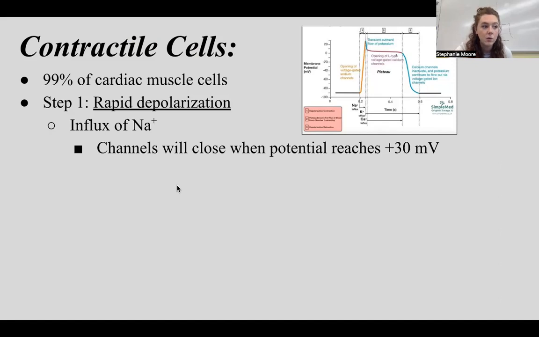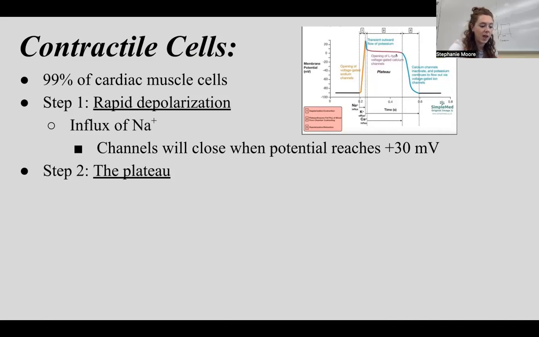Then those channels close whenever the cell reaches a membrane potential, remember it's millivolts on our y-axis and seconds on our x-axis, of around positive 30 millivolts. Then the one that's different, like I told everybody in class, star this one, box this one, is called the plateau. And the plateau is super important.